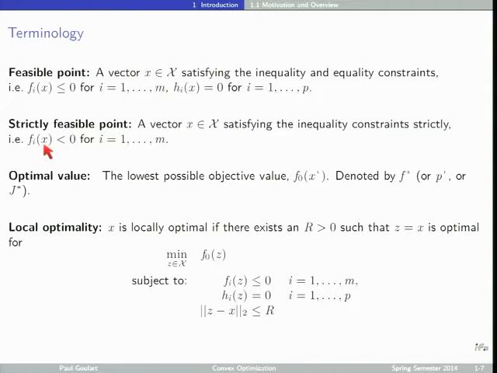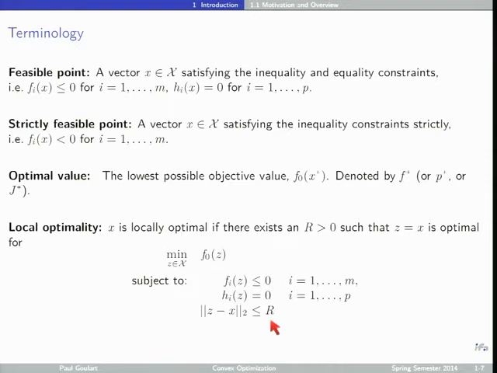Now I can talk about the optimal value. That's the lowest value that I can achieve. And I may or may not have multiple solutions which, at least in their local region, are optimal. So I say that a point is locally optimal if I take that point and don't allow myself to deviate from it by more than a ball of a certain radius r.